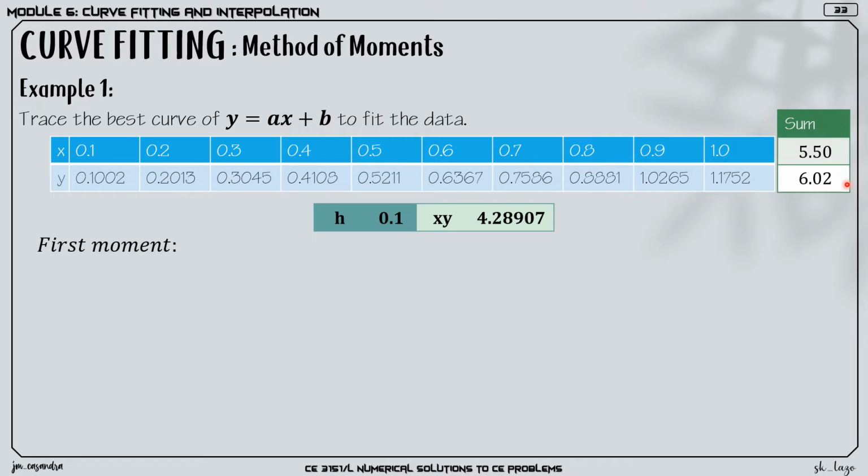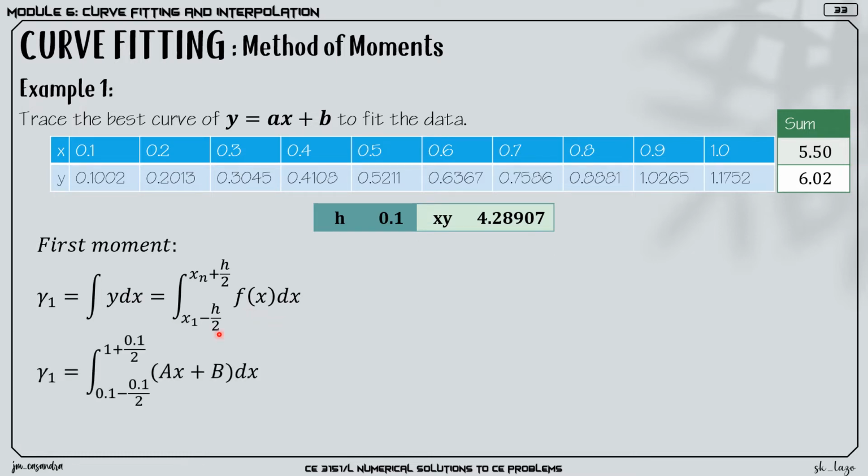So for our first theoretical moment, it's now equal to gamma sub 1 equal to the integral of y dx, wherein y is equal to f of x. So substitute now the values of x sub n. x sub n is 1, x sub 1 is 0.1, and h is 0.1. So f of x now is equal to ax plus b.